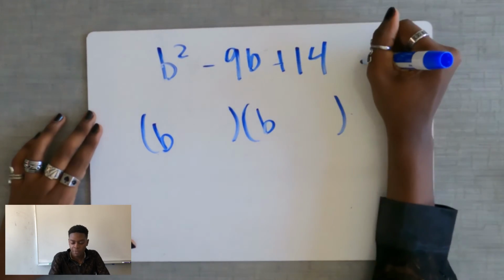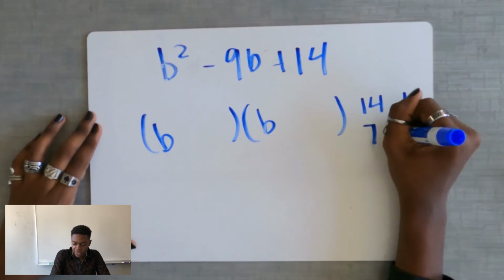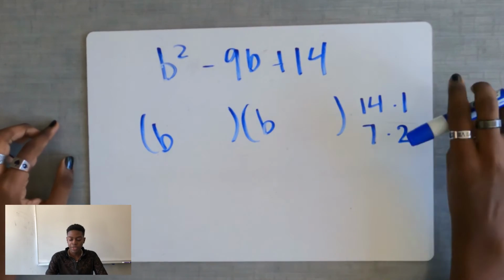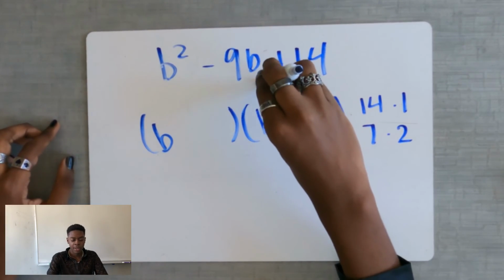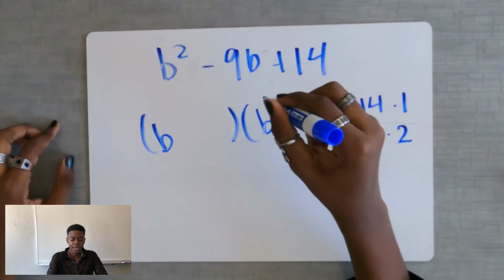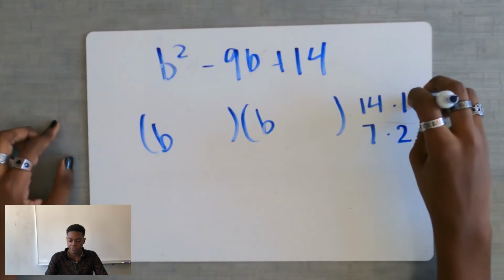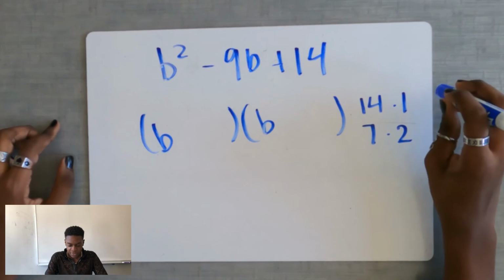Well, let's list them out. We have 14 times 1, and we have 7 times 2. But keep in mind, these pairs have to somehow add together to get negative 9. Well, let's look here. Does 14 plus 1 equal negative 9?